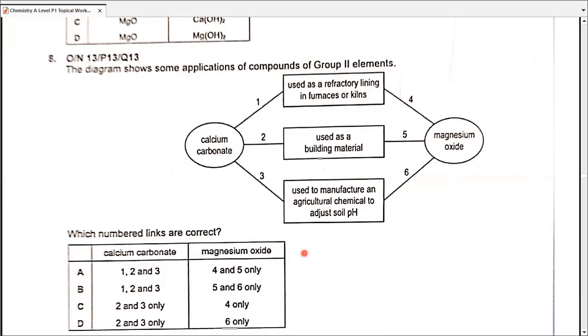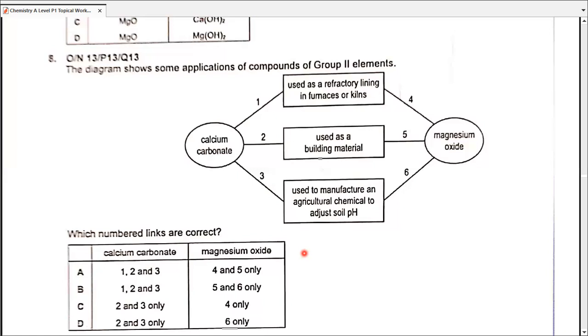Calcium carbonate, magnesium oxide. Calcium carbonate used as a refractory lining in furnaces and ovens, used as a building material, used to manufacture an agricultural chemical to adjust soil pH. And magnesium oxide, used to manufacture an agricultural chemical to adjust soil pH.